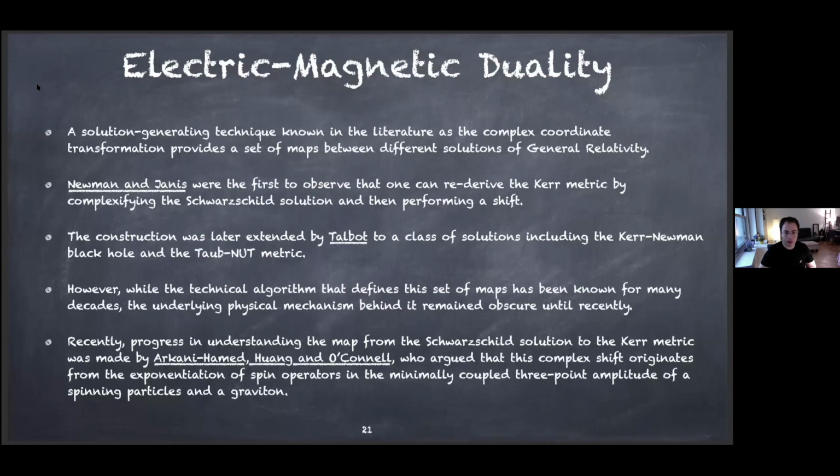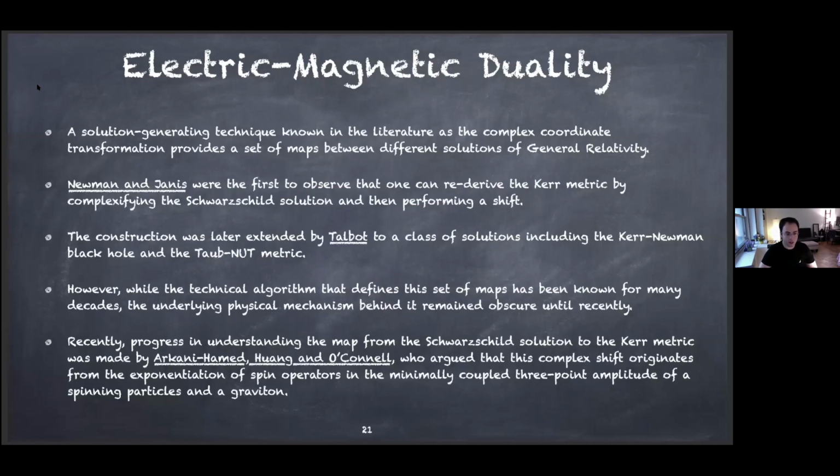For example, there is a map between Schwarzschild and Kerr metrics that is given by a certain complex coordinate transformation, and there are similar maps to different metrics, in particular for the Taub-NUT. But the mechanism behind these complex transformations remained obscured, even though they are known in the literature for many years.